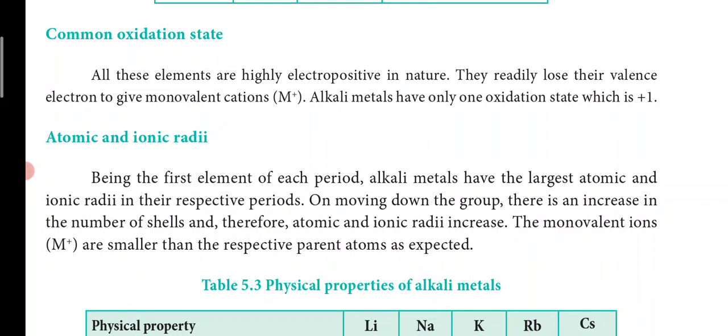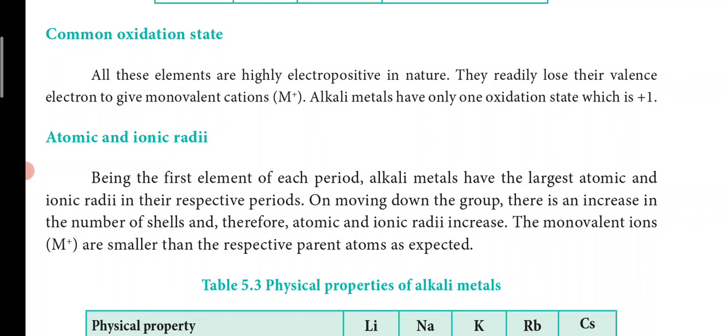Next is atomic and ionic radii. Being the first element of each period, alkali metals have the largest atomic and ionic radii in their respective periods. In our periodic table, left to right, the size decreases. Since alkali metals are on the left side of the periodic table, they are bigger in size.